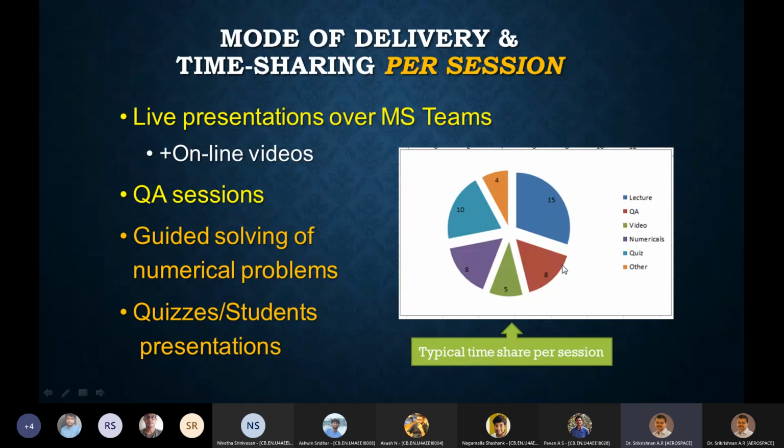So this is roughly how I would envisage utilizing this 50 minutes of each session. Again, the emphasis would be to restrict my talk to not exceed a reasonable time limit, so that we will try to make it as interactive as possible.